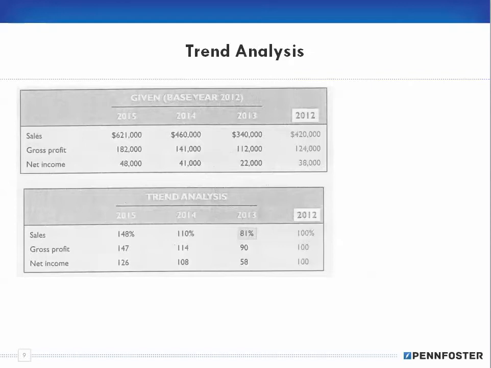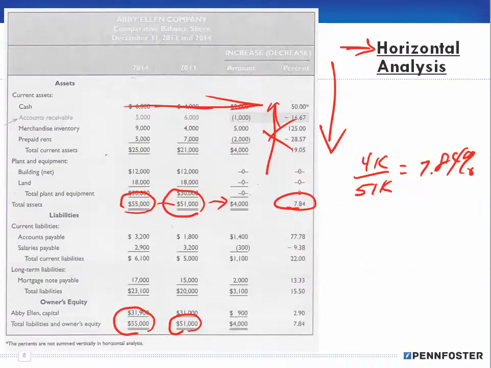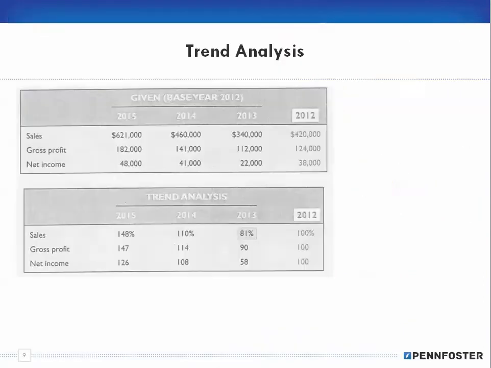Okay, in having the vertical analysis and the horizontal, there we go. There's the vertical, and there's the horizontal analysis. Now with the trend analysis, we're taking that information and we're trying to look at the trend.